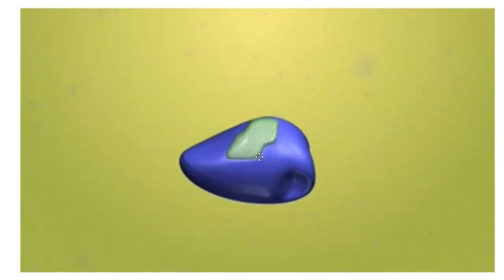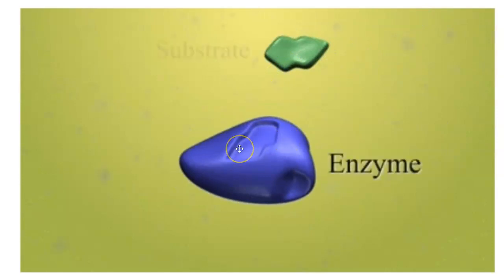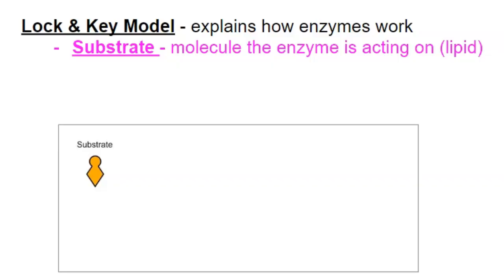The enzyme is going to help break it apart so that when it leaves, it's going to be two. And remember, this can go in reverse too. If I have two little molecules going in, they might come out as one because enzymes can help build up or break down things. So the substrate is the molecule that the enzyme is acting on. It's the little molecule that's going to come bind to the enzyme.